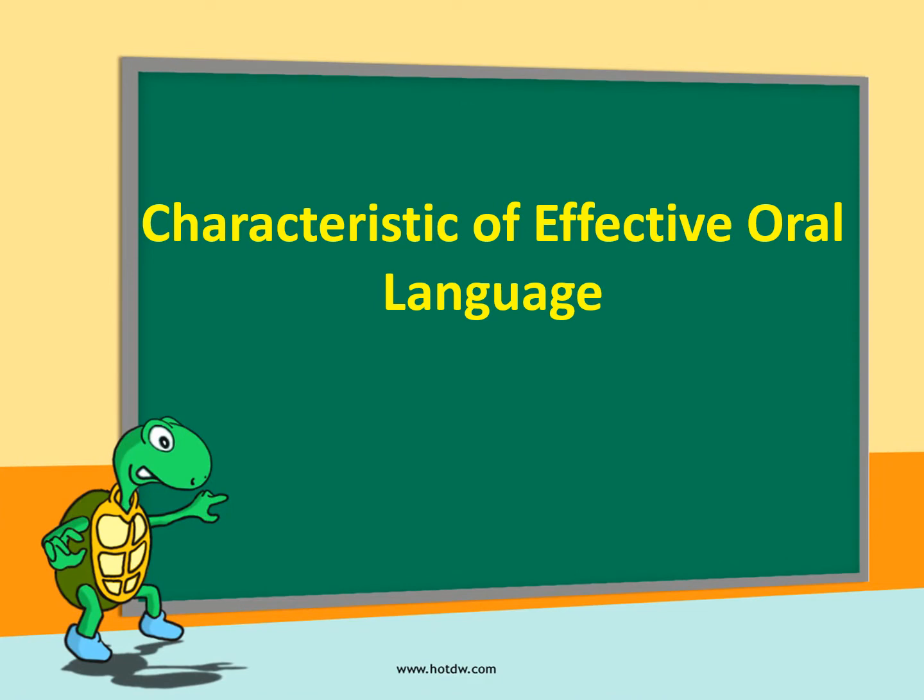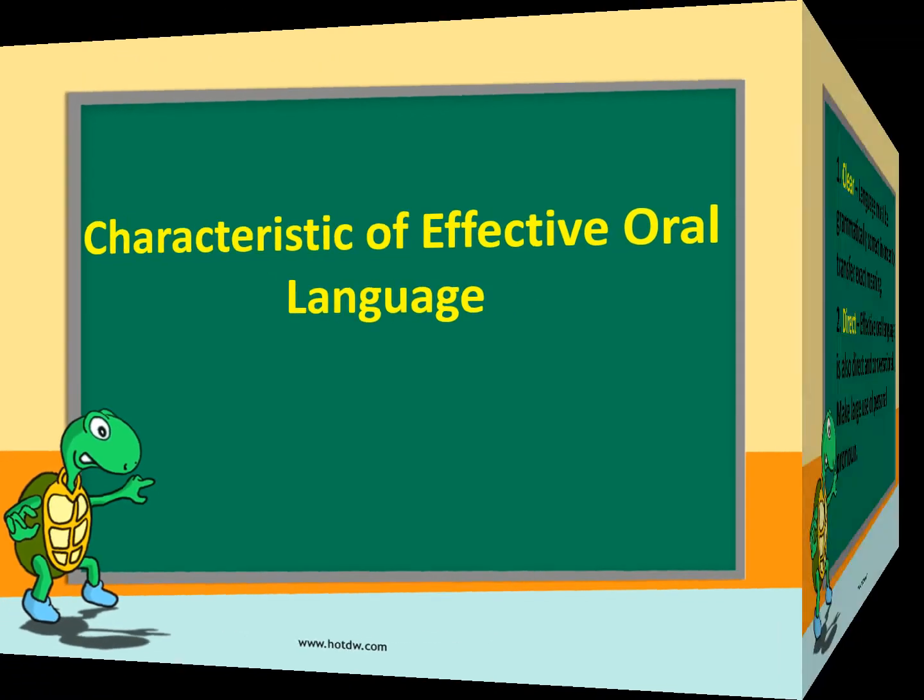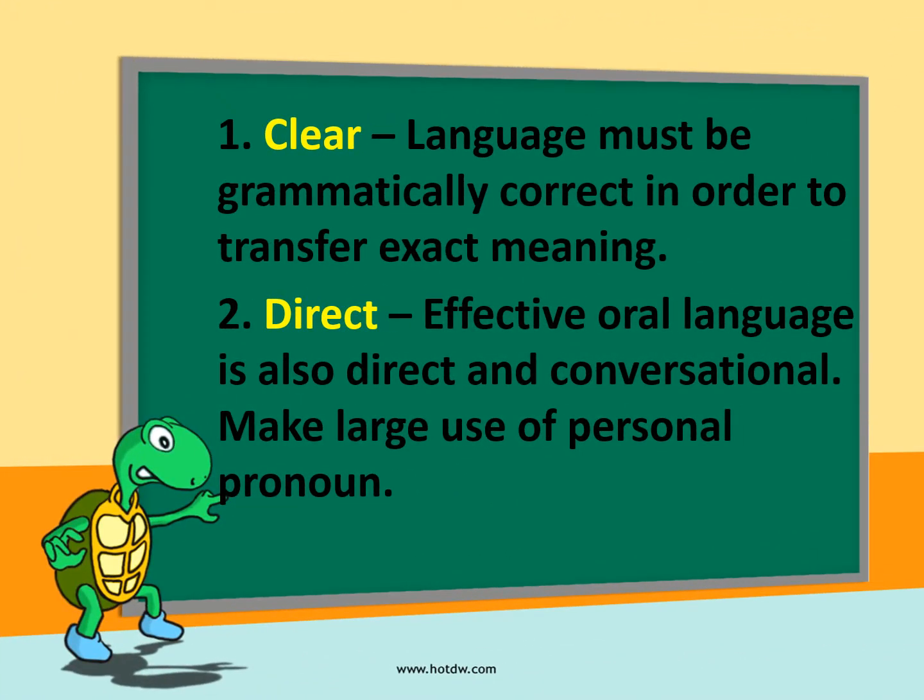What are the characteristics of effective oral language? Number 1. Clear. Language must be grammatically correct in order to transfer exact meaning. Number 2. Direct. Effective oral language is also direct and conversational. Make large use of personal pronouns.